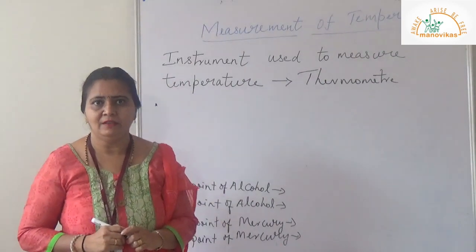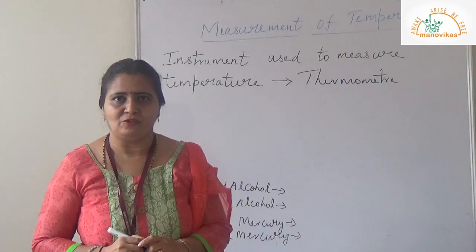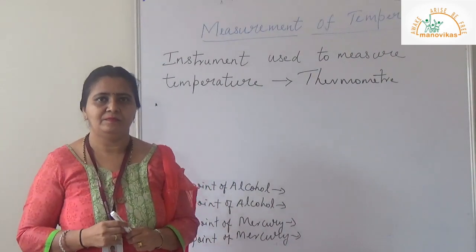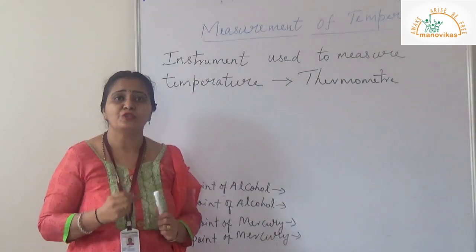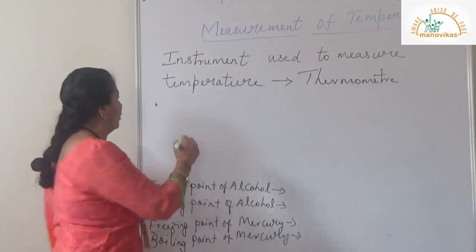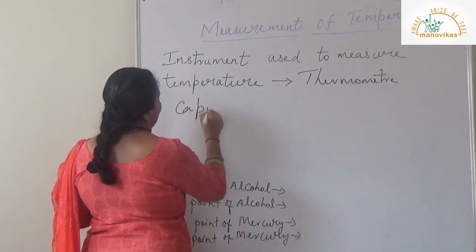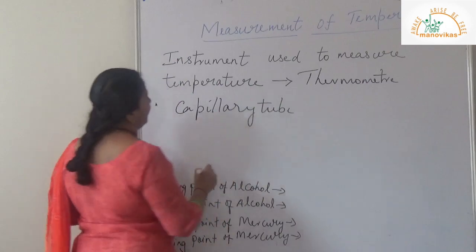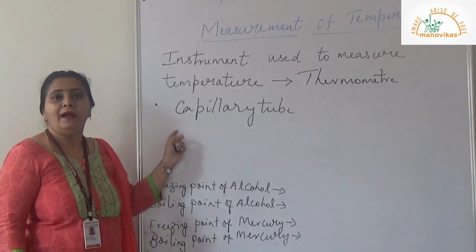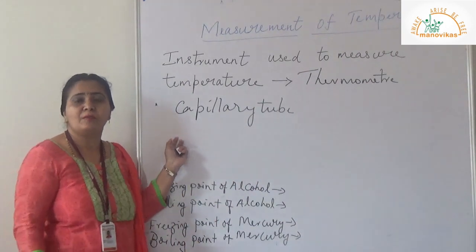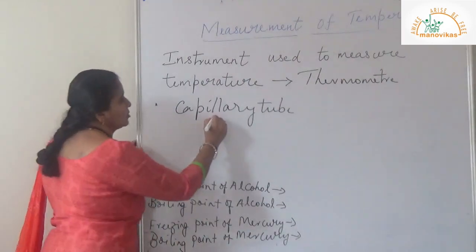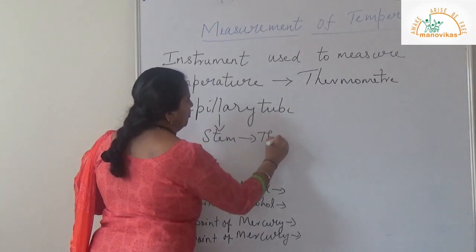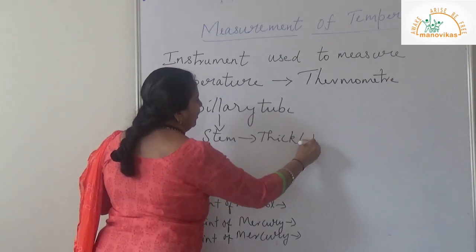Mercury is a metal at room temperature. It is shiny and silvery in nature. And it has a very narrow tube that is called the capillary tube. This capillary tube is enclosed by another thick tube that is called the stem.